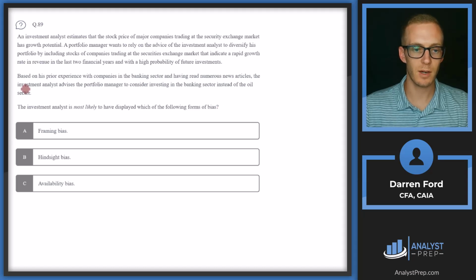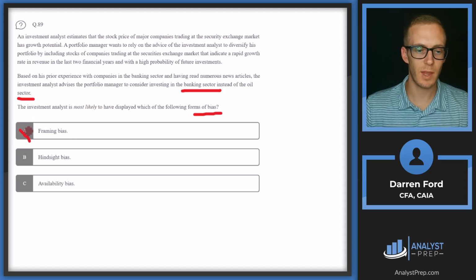So the bias here is the investment analyst wanting the portfolio manager to invest in banking rather than oil. So what form of bias is causing this? Looking at A, framing bias, I think we can rule that out.